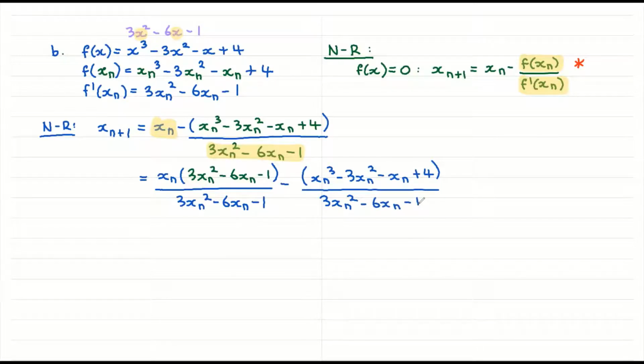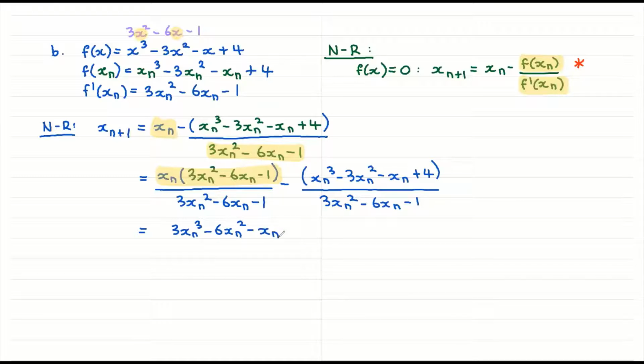Right, so what we're going to do now is we're going to expand the numerator on the left-hand expression right here, and we're going to write it as a single fraction. So let's do that. So this is going to be 3xn cubed, subtract 6xn squared. So the xn's will increase by a power of 1. Subtract xn.